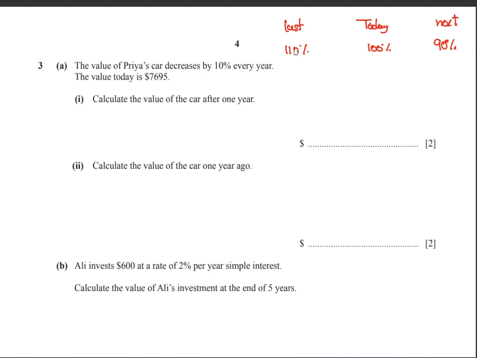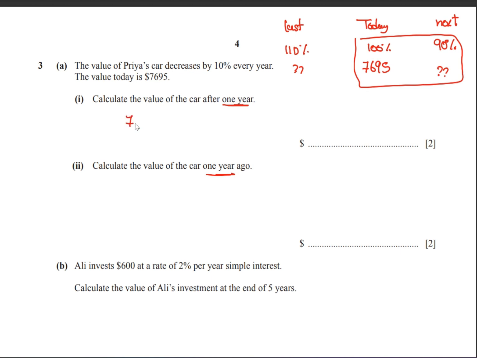Okay, the value of today is 7,695. So I'm going to write this here in today. Now I want to calculate the value after 1 year, meaning next year, and 1 year ago, meaning last year. So I am going to find this and this. All I have to do is cross multiplication. I will take this first to get next year.